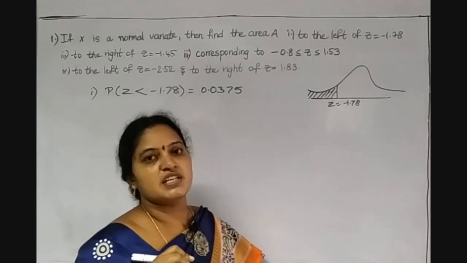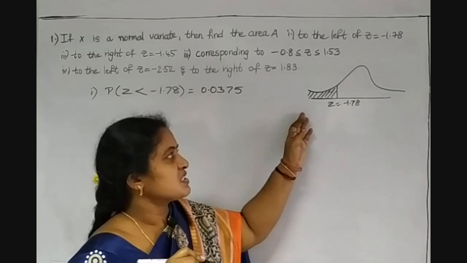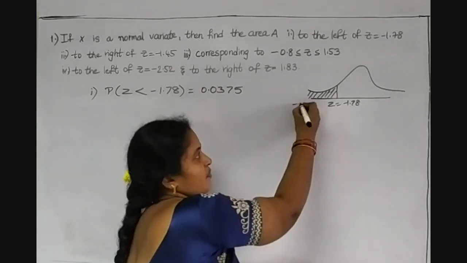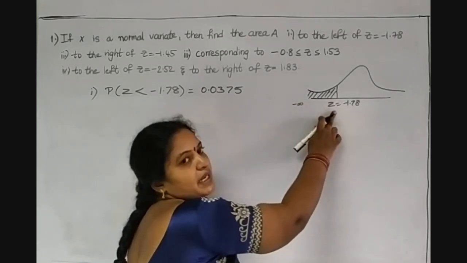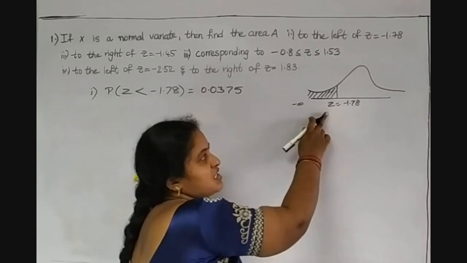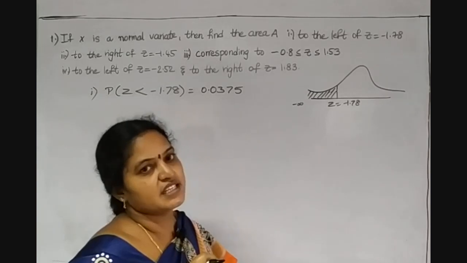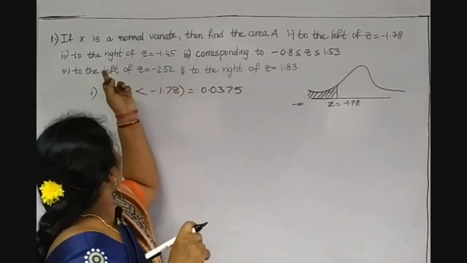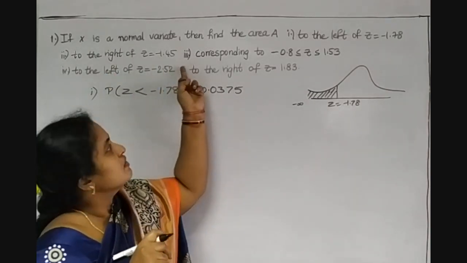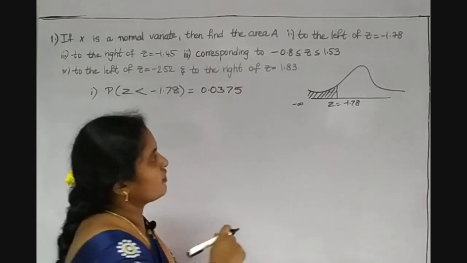In the distribution table, the values start from minus infinity to this point. The area value must be given in the distribution values. Next, second case. Second one is to the right of Z equal to minus 1.45.